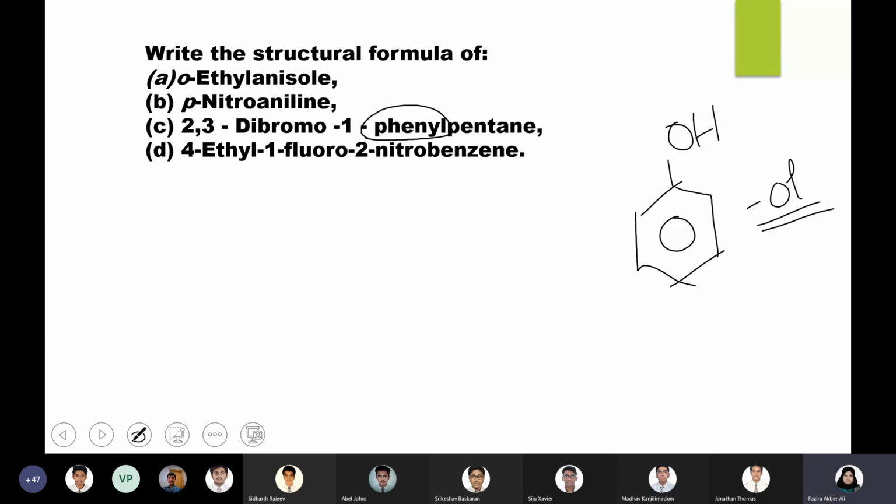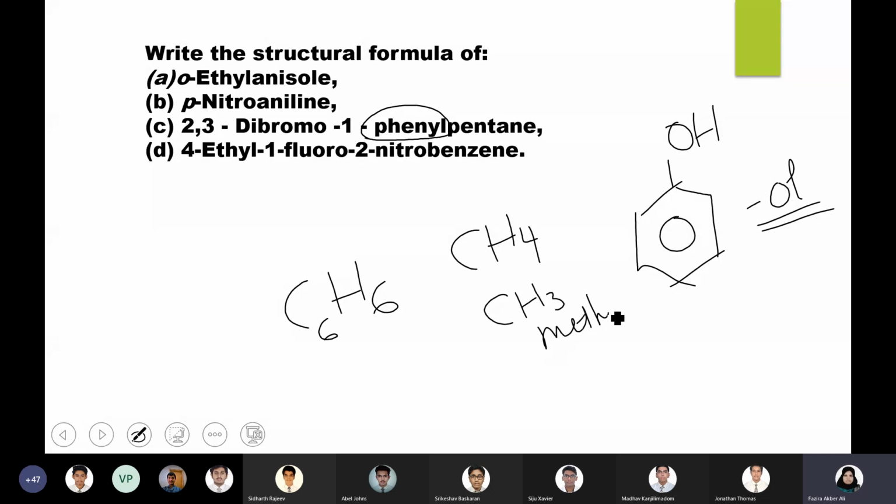When a benzene ring comes as a branch, we call it phenyl. C6H6 is benzene, right? Like normally we know that methane is CH4. When methane comes as a branch, we write it as CH3 and its name is methyl. Similarly, benzene, the aromatic hydrocarbon, can also come as a branch.